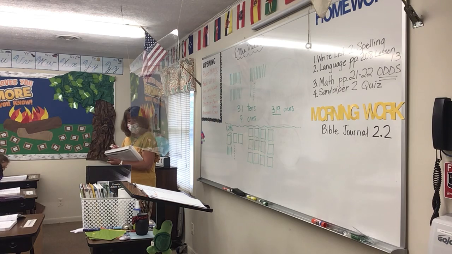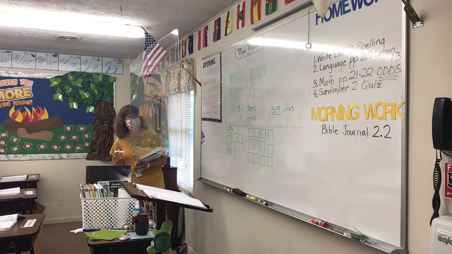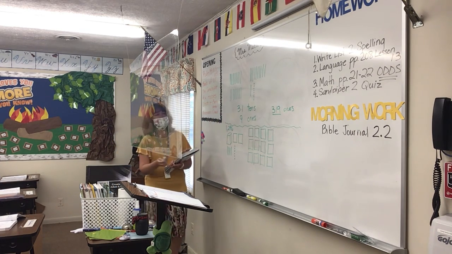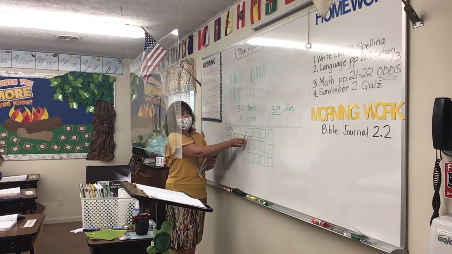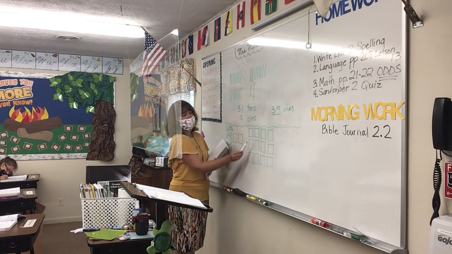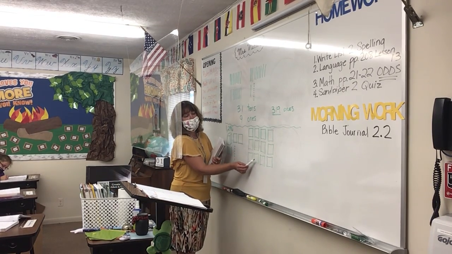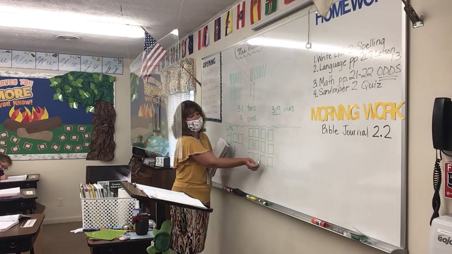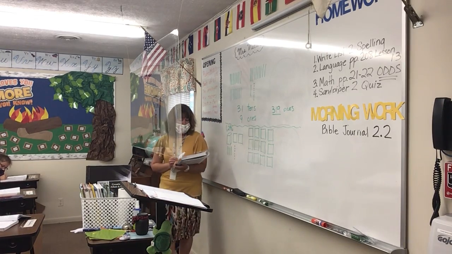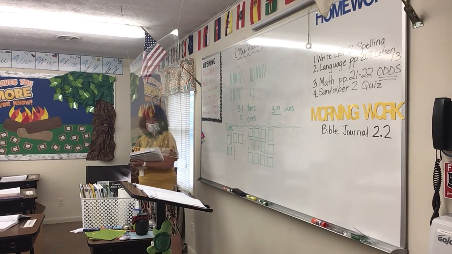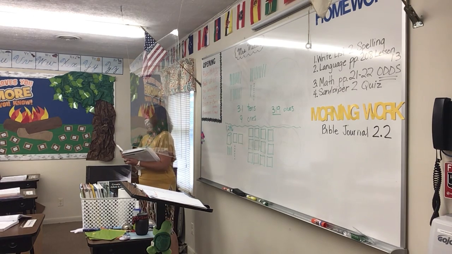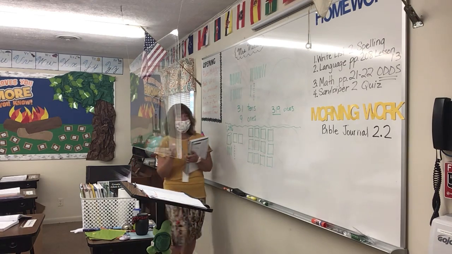Okay? So we've got 100, 200, 300, 400, 500, 600, 700, 800, 900, 1,000, 1,100, 1,200. So now we need to draw our tens. How many tens would we draw? 4 tens.